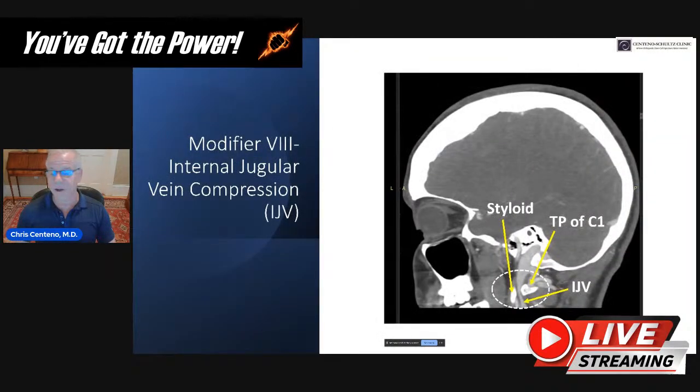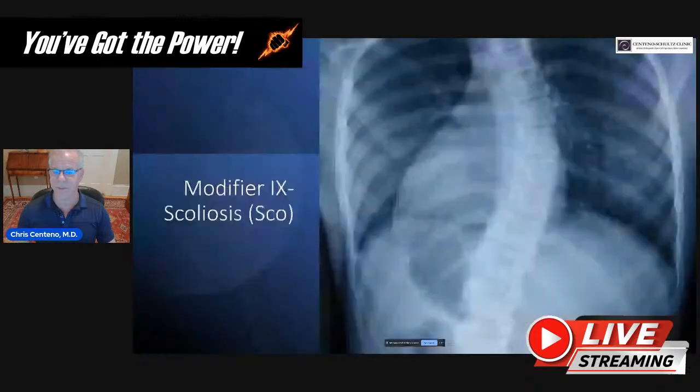And then you can have internal jugular vein compression, which is sometimes an innocent bystander, right? It's happening because of the instability. So we still need to fix the instability as the primary cause rather than trying to cut the styloid, because if we cut the styloid as the primary solution, then we're going to get anterior instability on top of craniocervical instability.